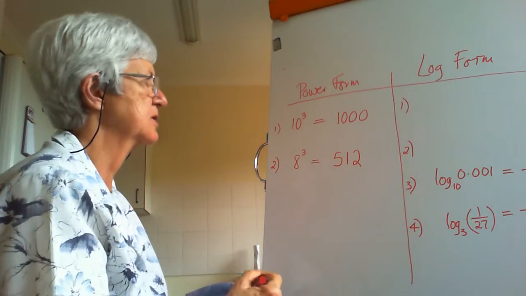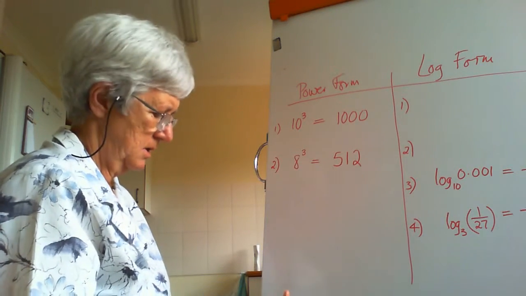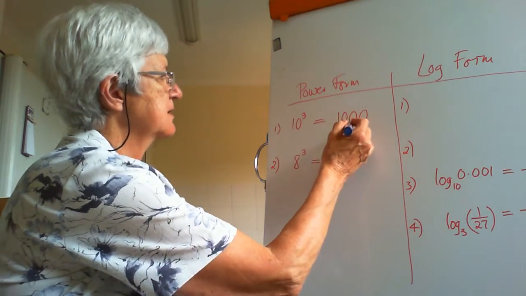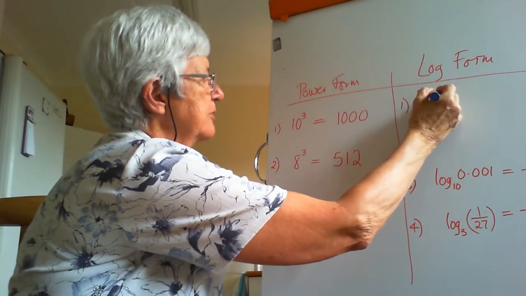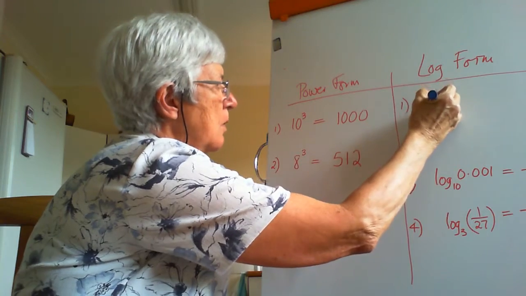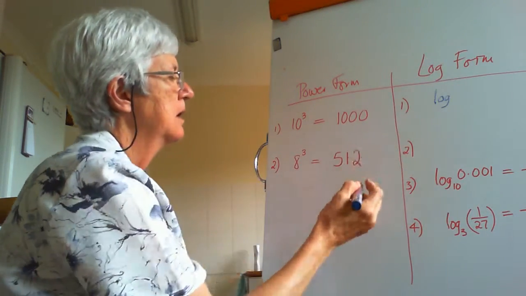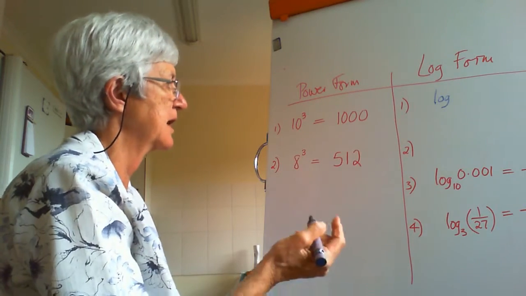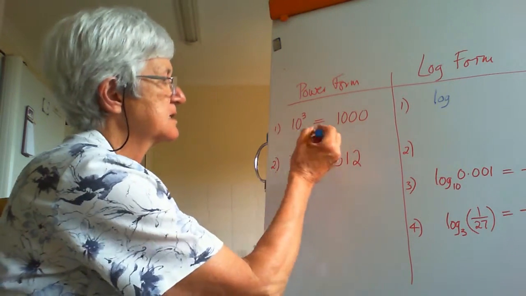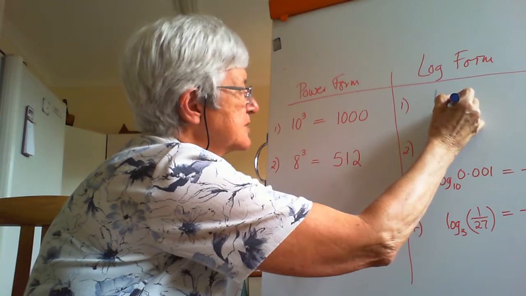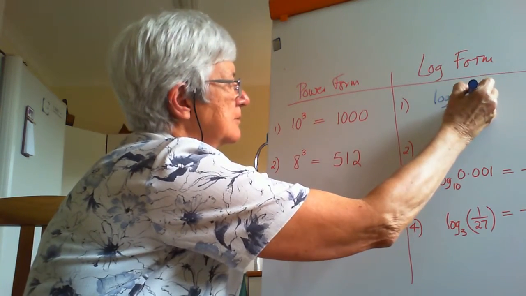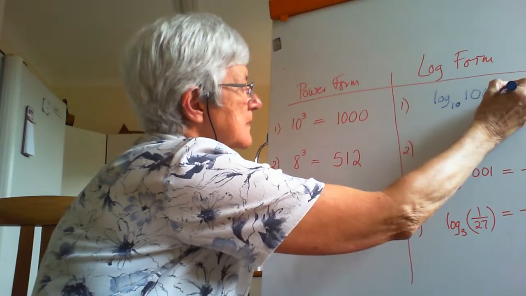Right, let's see if we can translate those. Here we're saying that 10 cubed is 1,000. Now to put it into log form, you've got to say that the log, or the power, of a particular base gives us another number. Now the base in this case is the 10, and the power of 10, which gives us 1,000, is 3.